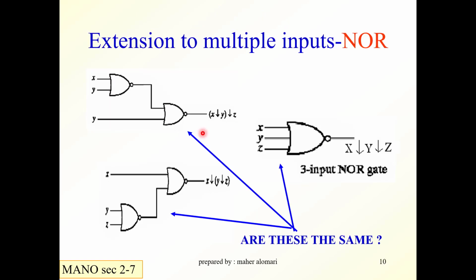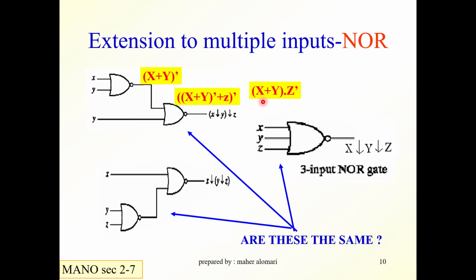Now, can we expand the number of inputs to the NOR gate? Let's see. Can we have a 3-input NOR gate? In order to have this, that means that the output of this circuit must be equal to the output of this circuit. Let's try to find out here. Output of this circuit is X ORed with Y complemented, and the output here is equal to this ORed with Z, complemented.